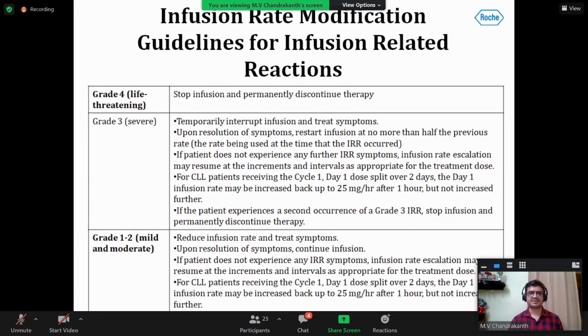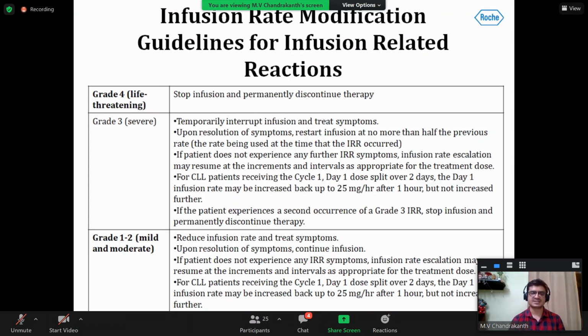So infusion rate modification guidelines are that if there was a grade 4 or life-threatening reaction, we have to stop infusion and permanently discontinue therapy. If it is grade 3, then we have to temporarily interrupt infusion and treat symptoms. Upon resolution of symptoms, we have to restart infusion at no more than half the previous rate.